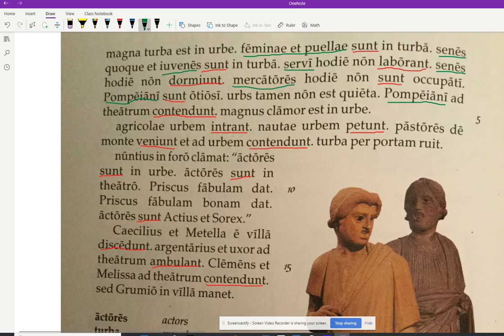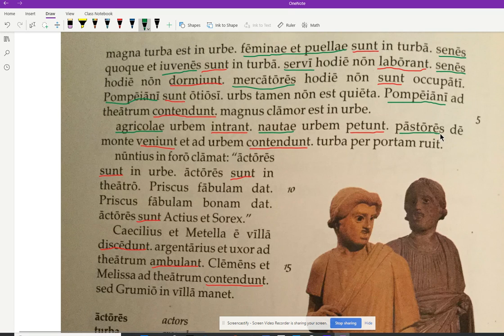Pompeiani ad theatrum contendunt. Okay, intrant, they enter. Who are the they? Agricolae. Right? That is a nominative plural of the first declension. And then petent. Right? Who's doing the petenting? So nautae, right? Again, nominative plural first declension. Venient. So who are the ones that are coming?